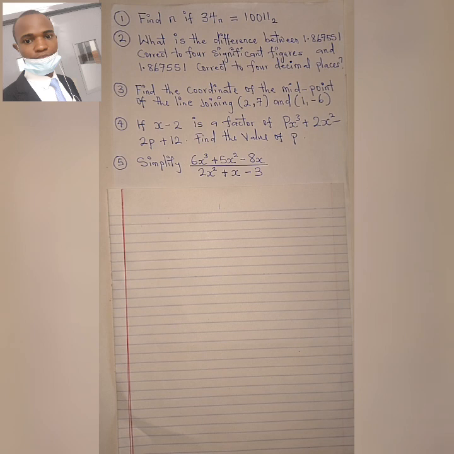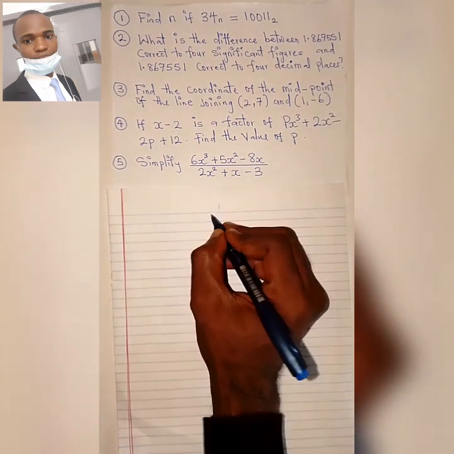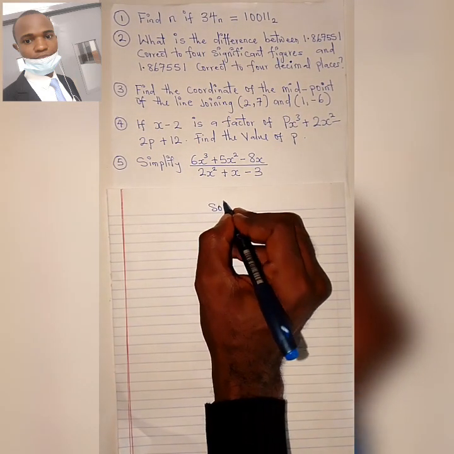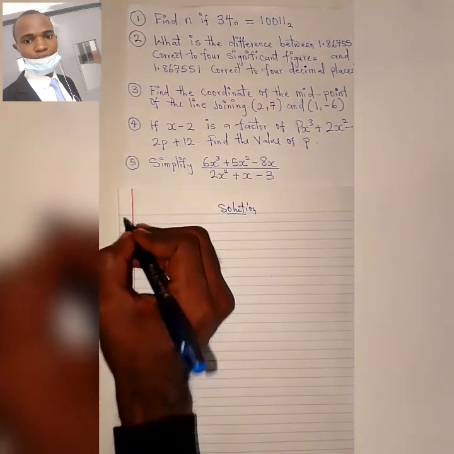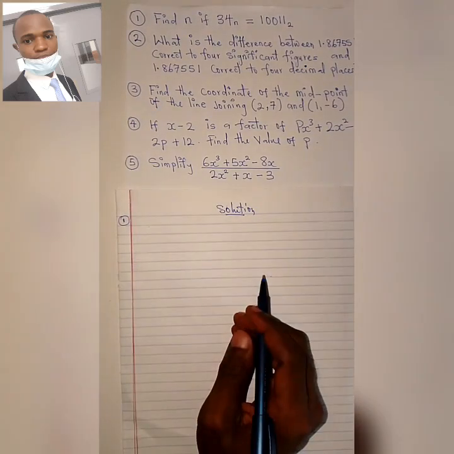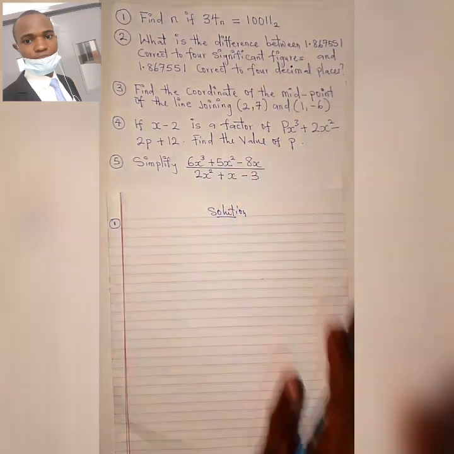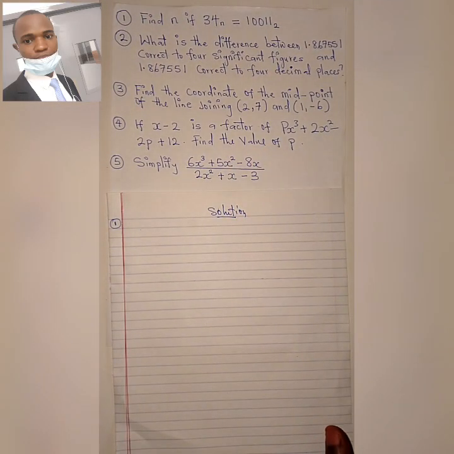So let's start with question number 1. Question number 1 says find n if 34 base n is equal to 10011 base 2.